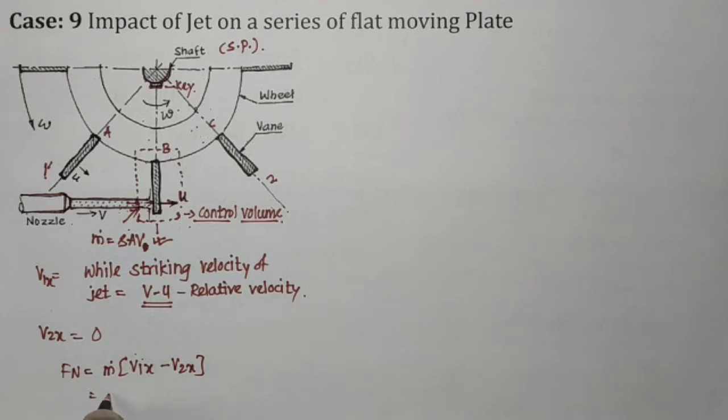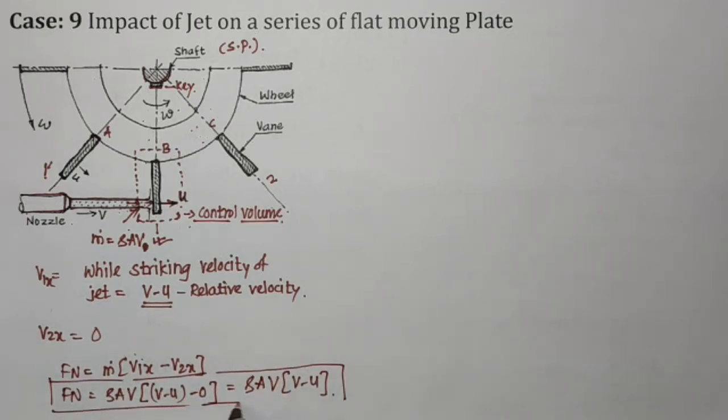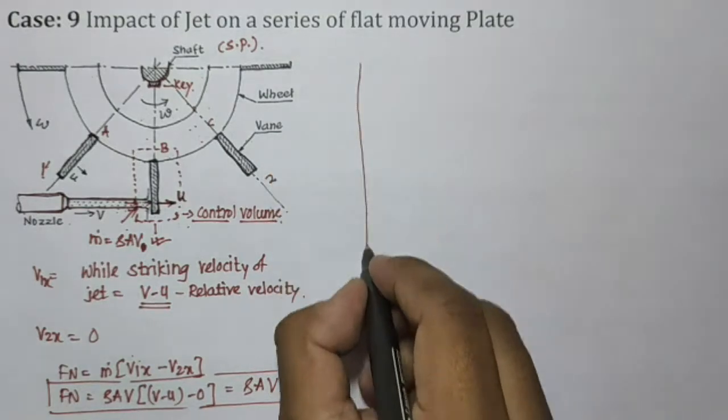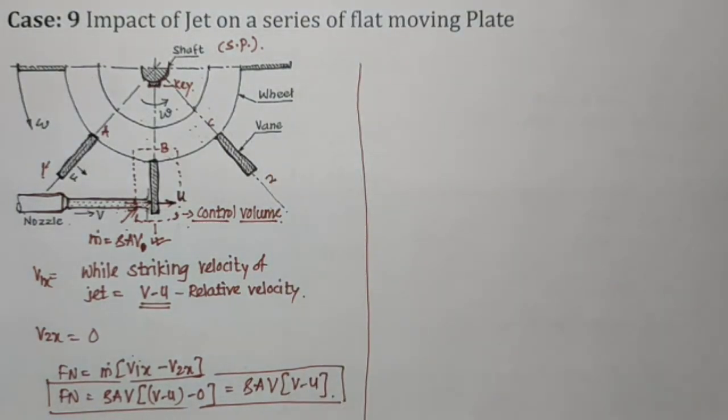Here m dot is rho a v, v1x is v minus u, and v2x is 0. So the equation will be rho a v (v minus u) for force in the normal direction. This is all about the force exerted on a series of flat plates.